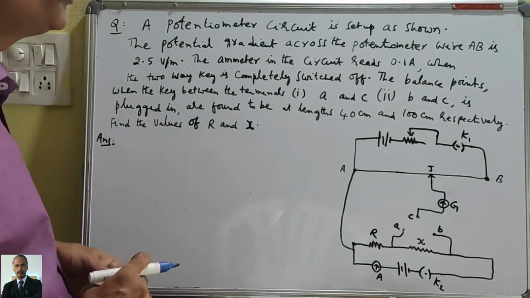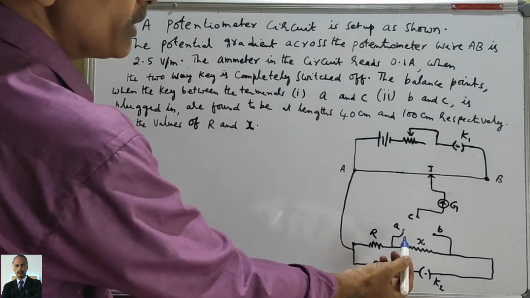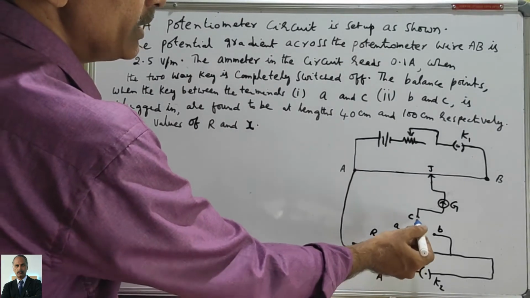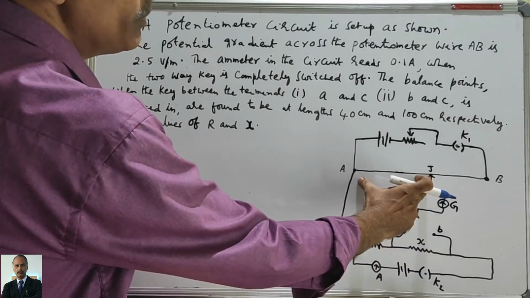So for that, you see children, when we put the plug between A and C, the balancing length is 40 centimeter.